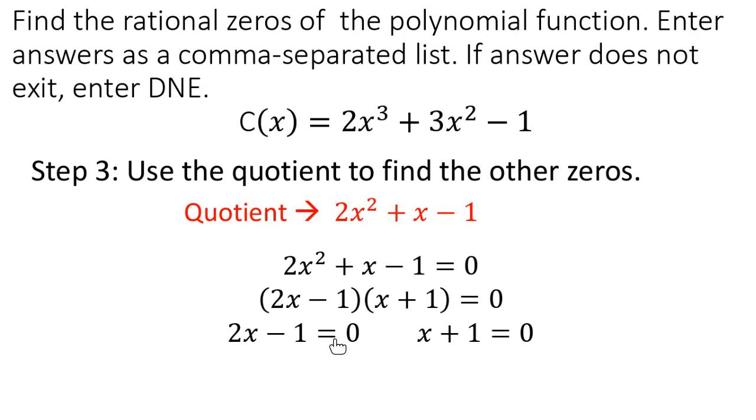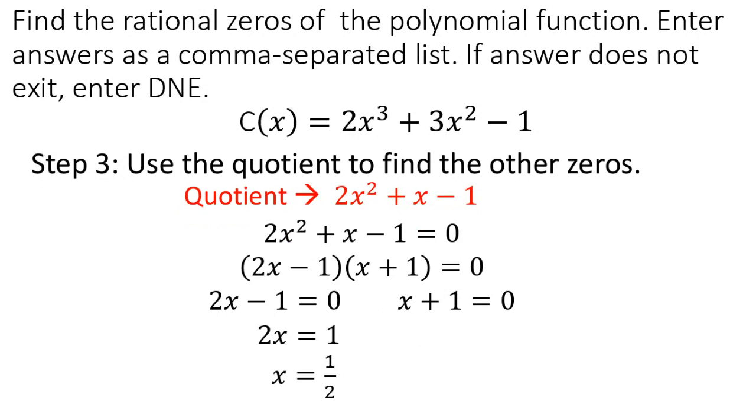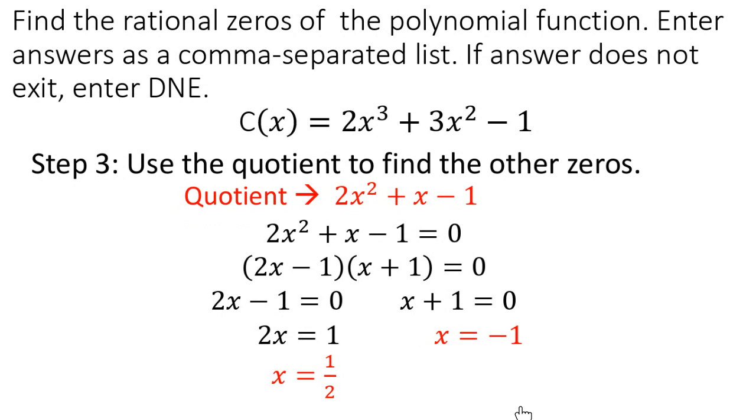So here we get 2x minus 1 equals 0. I'm going to add 1 on both sides, so I get 2x equals 1, and then divide by 2. So x is equal to a half. And then on the x plus 1 equals 0, I'm going to subtract 1 and I get x equals -1.